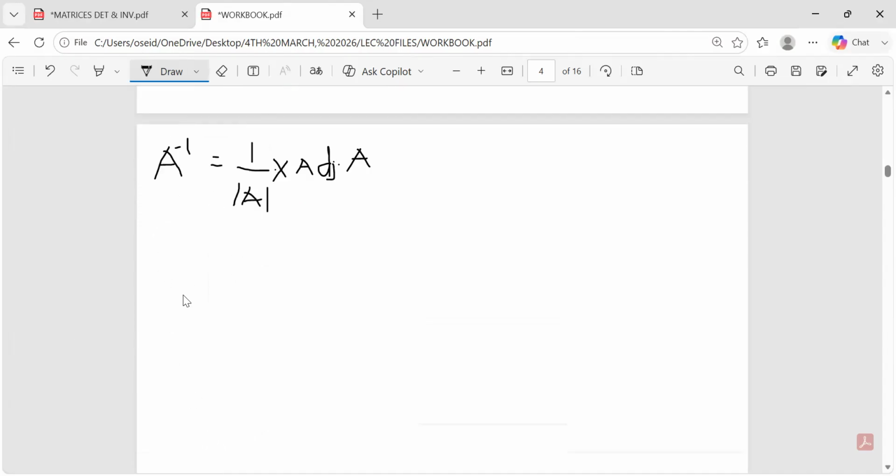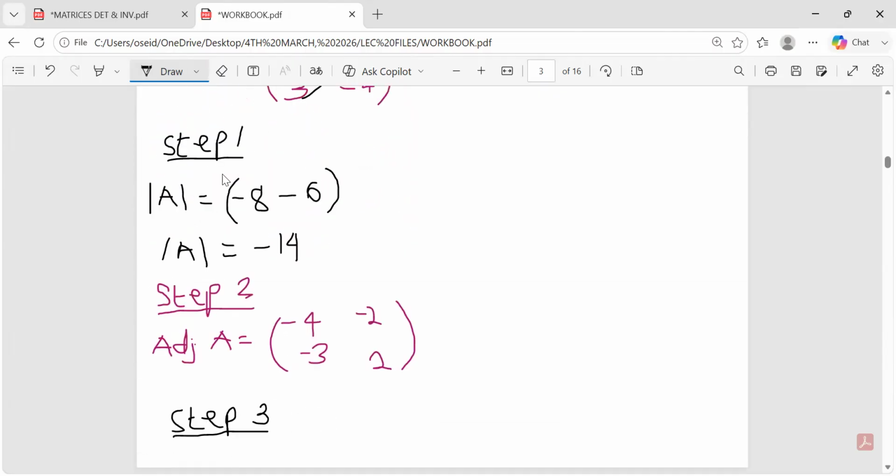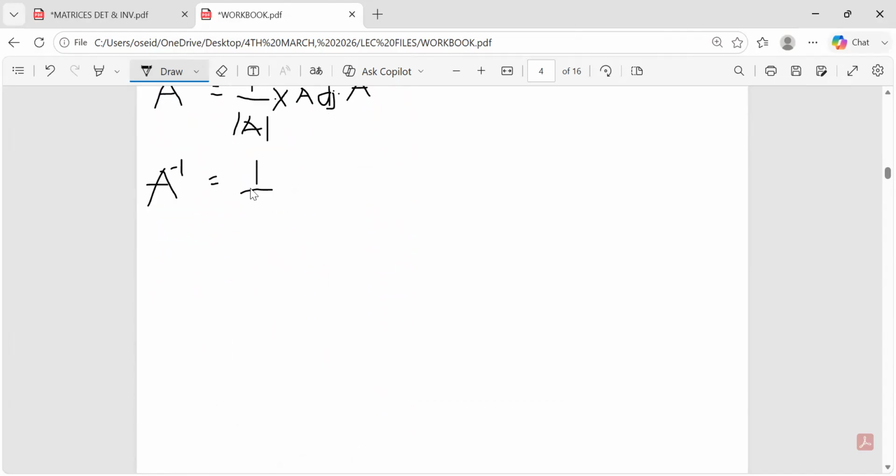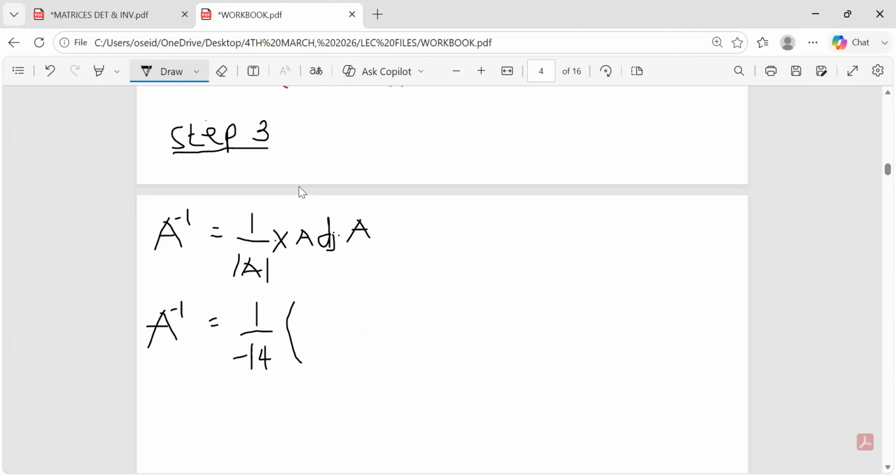So A inverse, or inverse of A, will be equal to 1 over det A. Det A was negative 14, so negative over negative 14, times the adjoint.